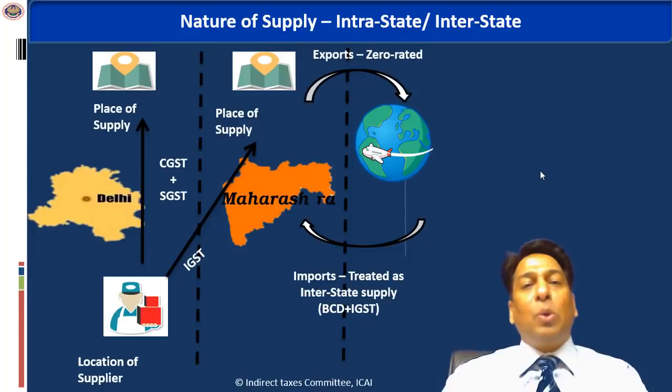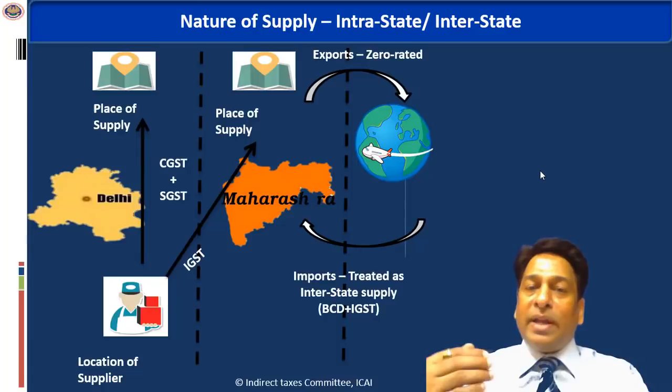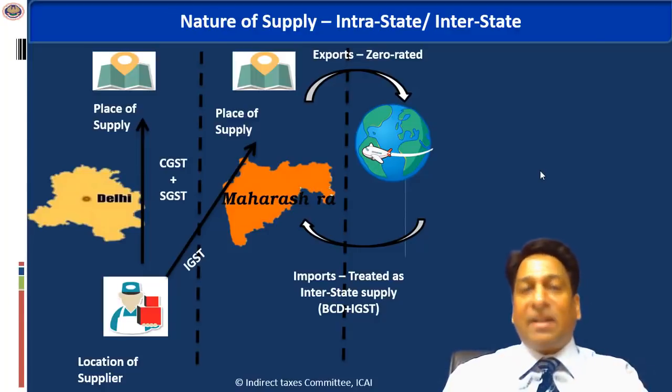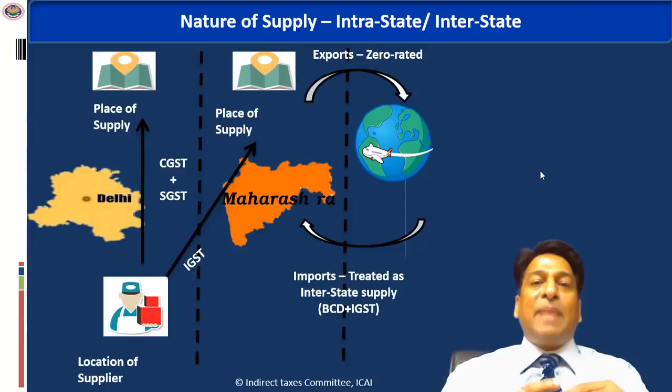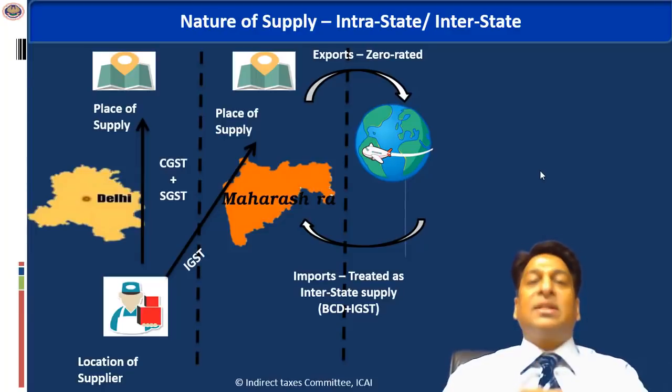As we all know, when we discuss place of supply within India, there are two transactions. One is called intrastate, another is called interstate. Intrastate means, with two determining factors, location of supplier and place of supply within one state, the transaction is termed as intrastate.